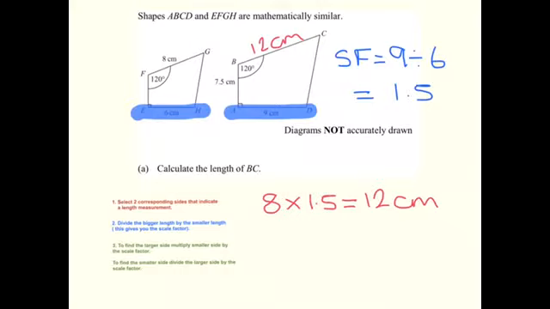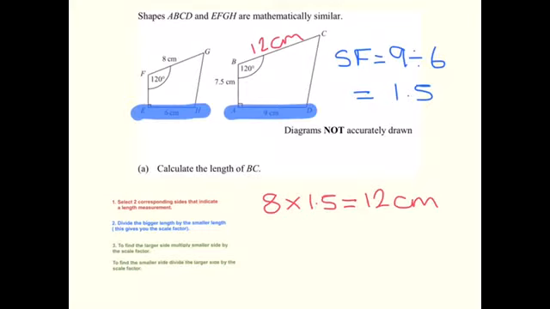In addition, I know it doesn't ask it in the question here, but because I know this side here of the larger shape, I can also calculate the length of FE on the smaller shape. To find the smaller side, I just divide by the scale factor.